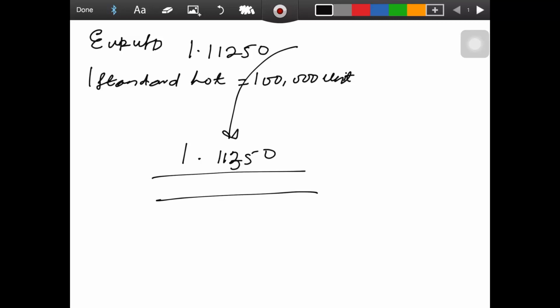That's 100 points, which is 10 pips. 10 pips movement. So when euro dollar moves from 1.11250 to 1.11350, it has moved 10 pips.